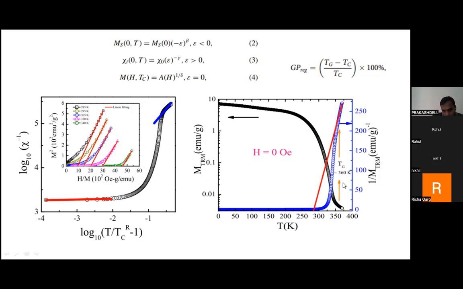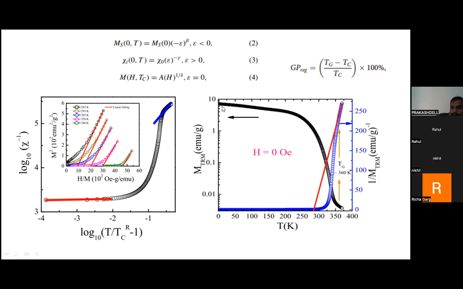Now coming back to the IRM and TRM, this is known as thermoremanent magnetization. You cool the system from a temperature higher than the Griffith temperature. We have a Griffith temperature of 360, so let's suppose the system is cooled from 400 K all the way to 5 K or 10 K, whichever is the minimum you can achieve.